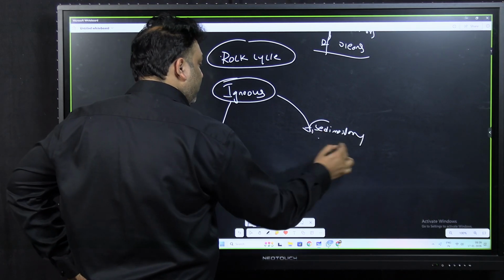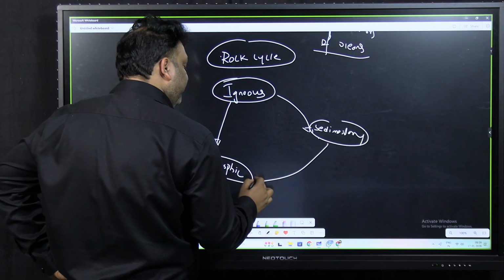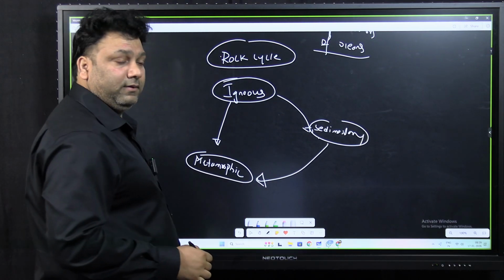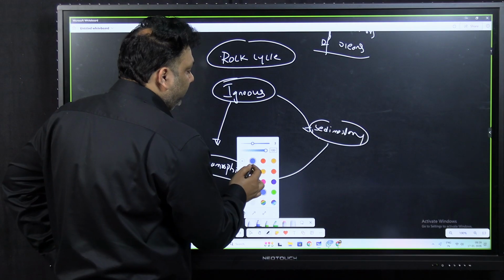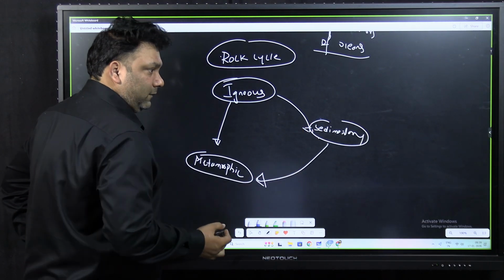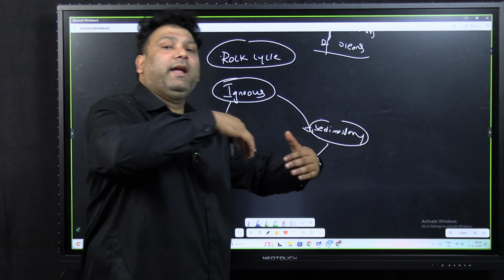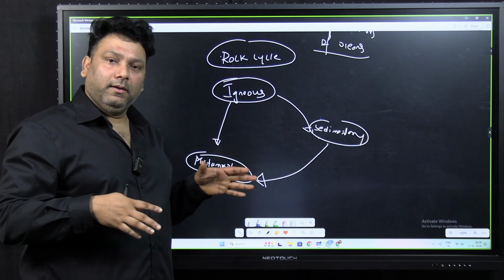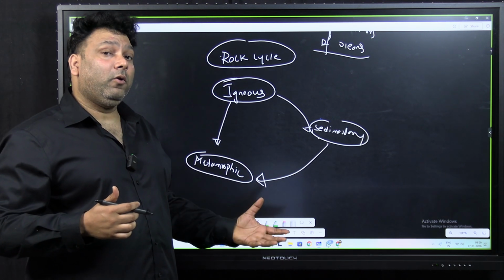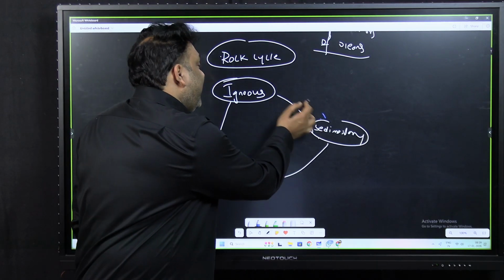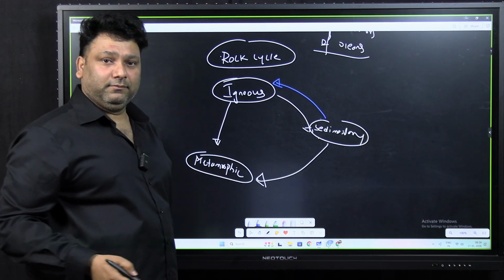And sedimentary rock can also become metamorphic rock. Right? Say a sedimentary rock goes deep into the earth's interiors. It fell into a trench, went inside the mantle. So inside the mantle, the temperature is very high. The sedimentary rock can melt and again it can become igneous rock.